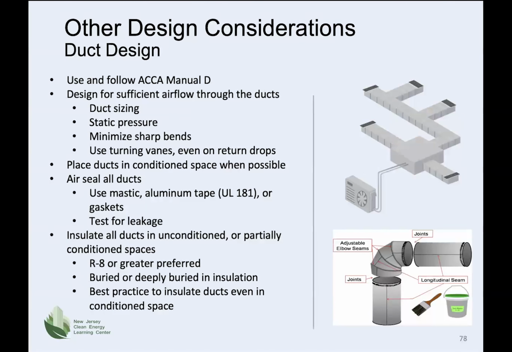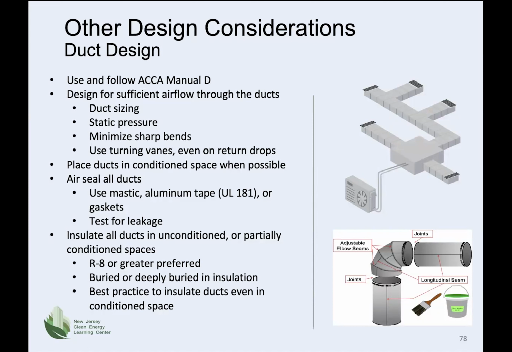Some other things you may want to think about in terms of the design of a duct system. First of all, you want to be using Manual D, just like you want to use Manual J for calculating your heat load. You want to be using Manual D to design your ducting system. And you want to assure that you're going to have sufficient airflow through the ducts, and that's a function of its size.